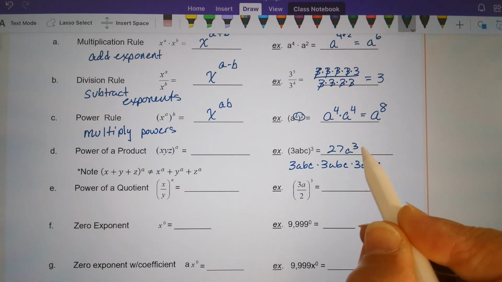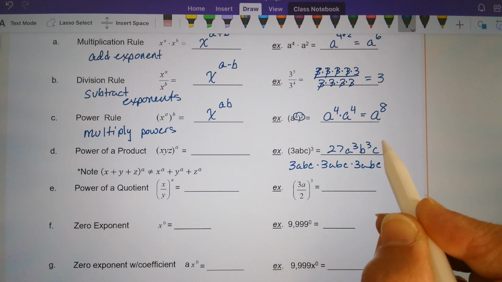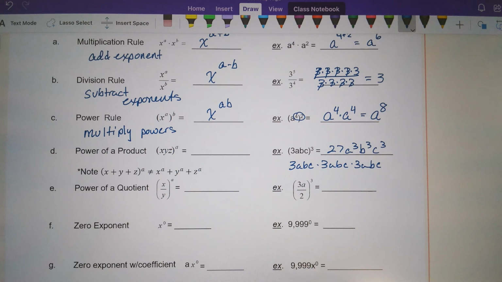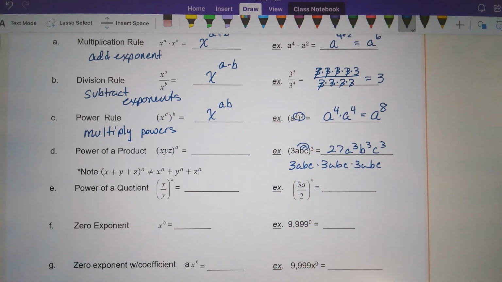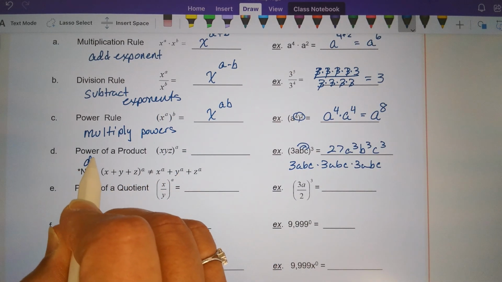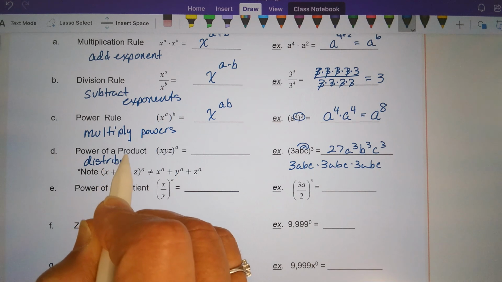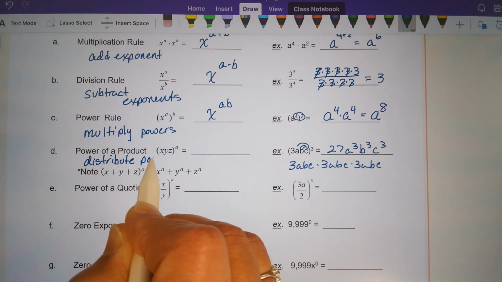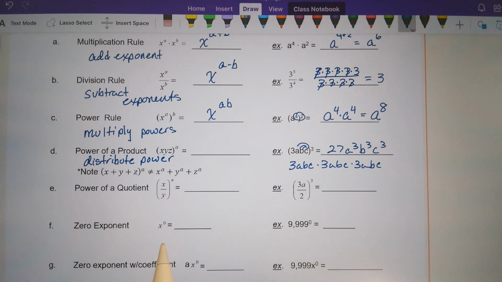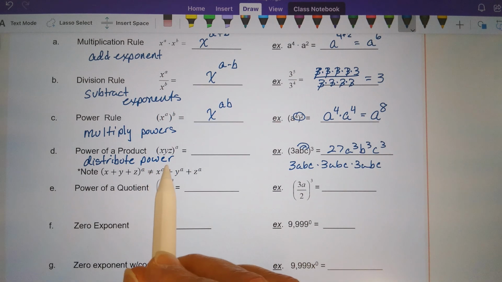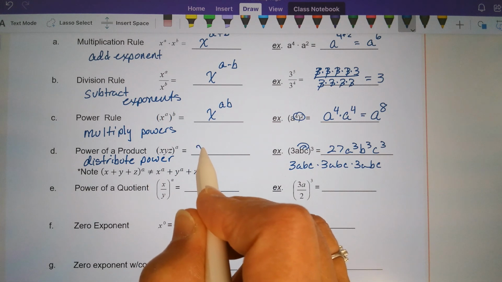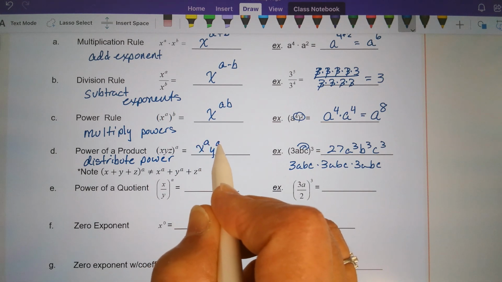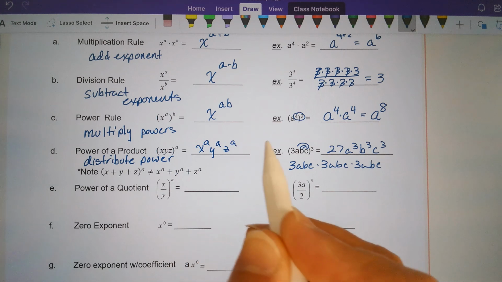Multiplying the a's, that's a to the 3rd, b to the 3rd, c to the 3rd, which would be the same as if we simply distributed the power. So when we have a power of a product, we distribute the power. So the general rule, x, y, z raised to the power of a, you're going to distribute a to the x, to the y as a power, and to z as a power.